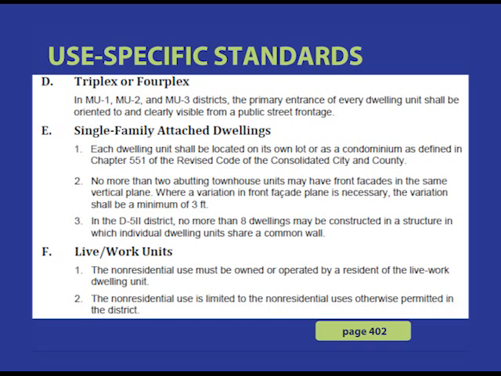When you have an offset along the front plane, that has to be a minimum of a 3-foot offset between units. The additional provision is in the D52 district, where no more than 8 dwellings may be constructed in a structure. That is to say, you can have no more than 8 single-family attached dwellings in the D52 district along one common building.